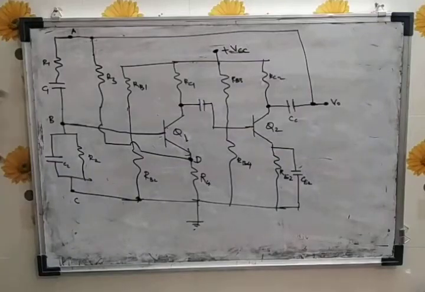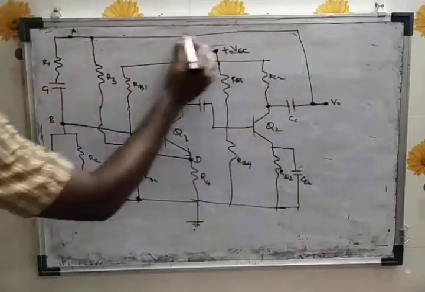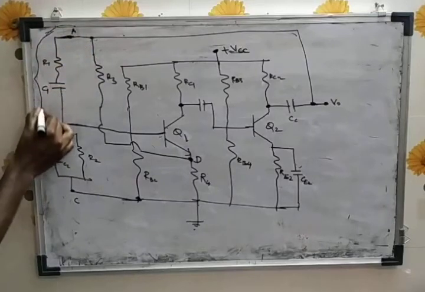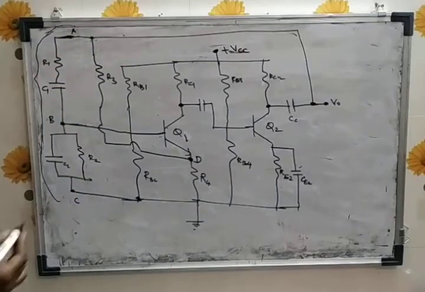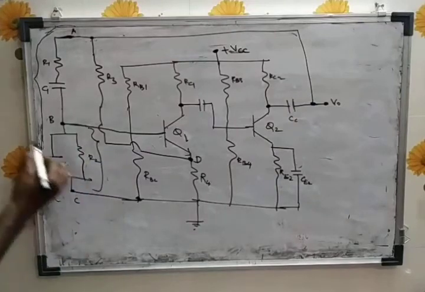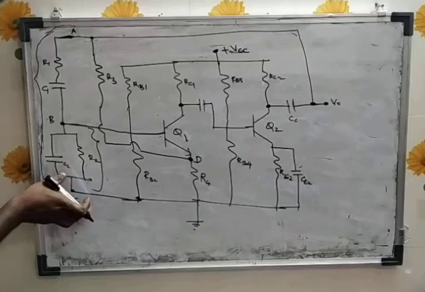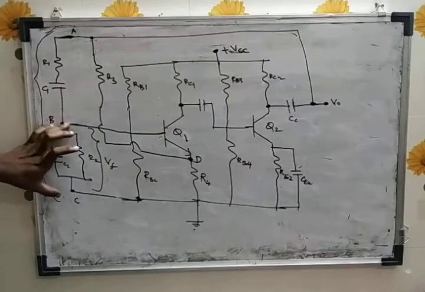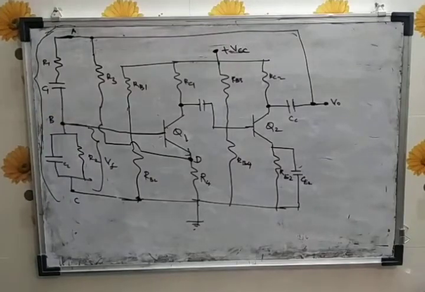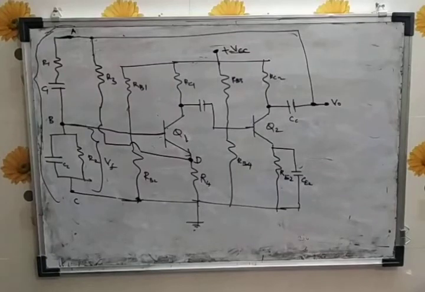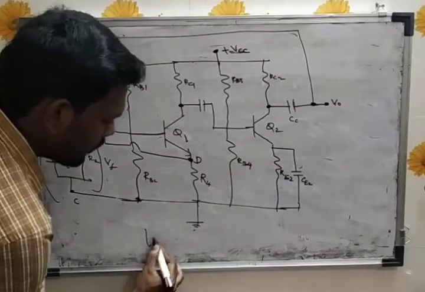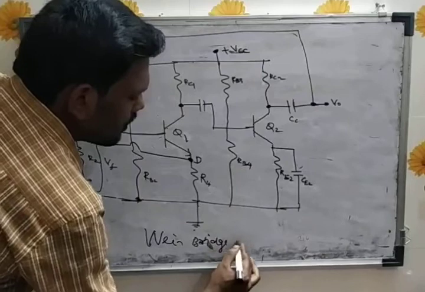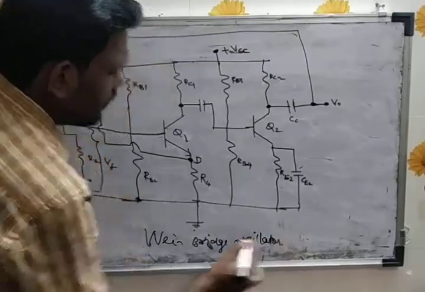The output V0 is given to this Wien bridge circuit, and the feedback is given to the B to C point. So this is the circuit diagram of the Wien bridge oscillator.